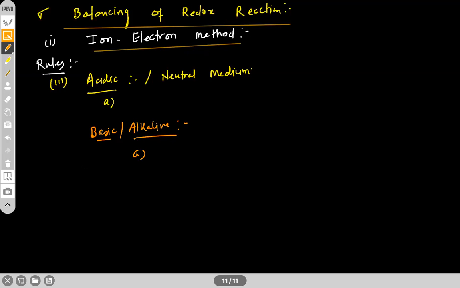In this A only, next line you write: for one H2O molecule, we add 2 OH minus ion. I'll repeat, just a second.